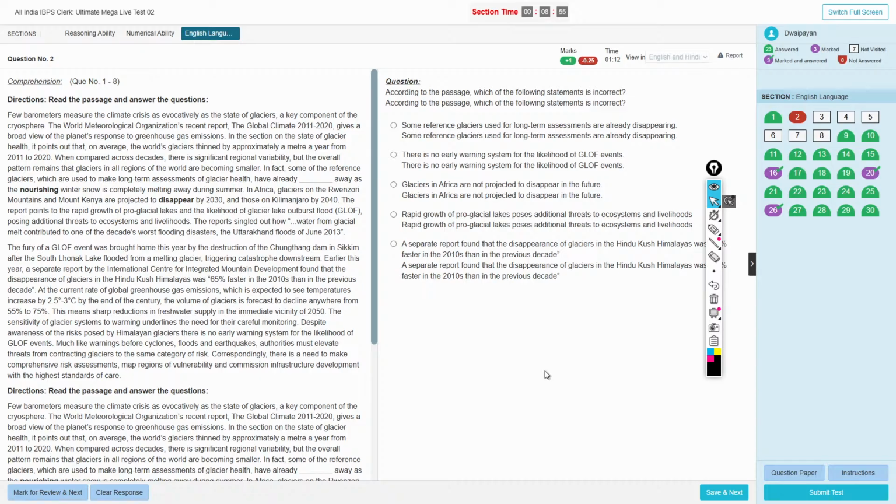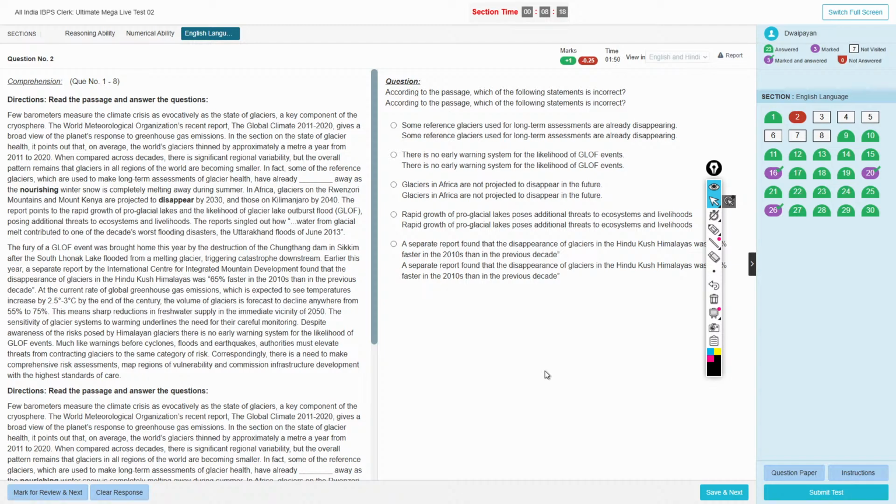At the same rate of global greenhouse emissions, which is expected to see temperature increase by 2.5 to 3 degrees C by the end of the century, the volume of glaciers is forecast to decline anywhere from 55% to 75%. This means a sharp reduction in freshwater supply by 2050. The sensitivity of glacier systems to warming underlines the need for their careful monitoring.